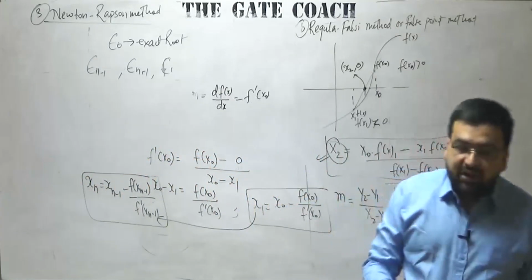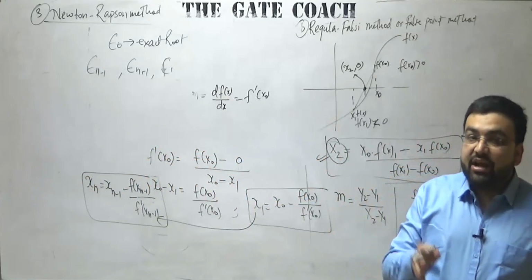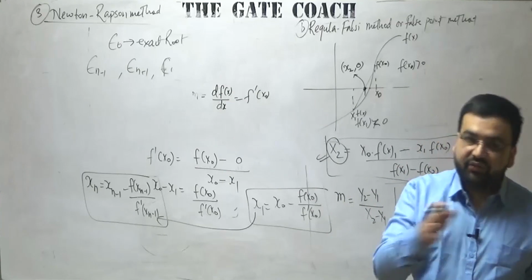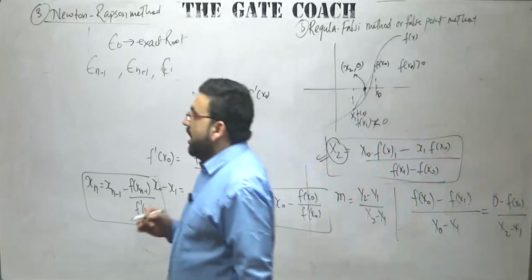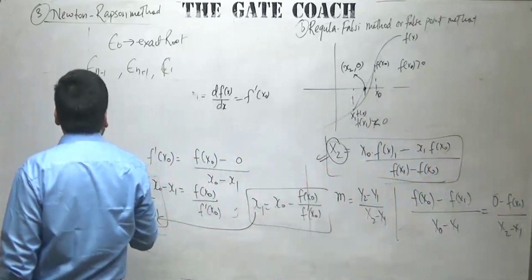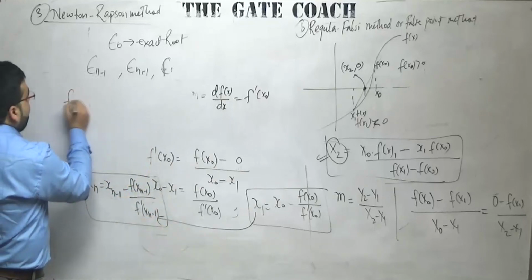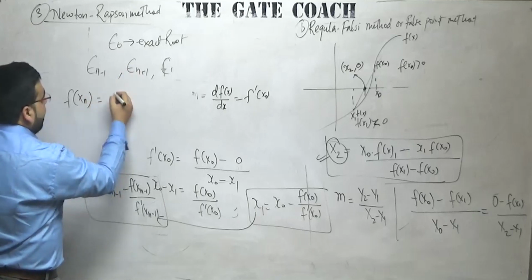Now, what is the error between the n minus 1th iteration and the exact root, as compared to the x n term? For example, dear students, let us say you have got this value of f(xn), let us say it is equal to yn.